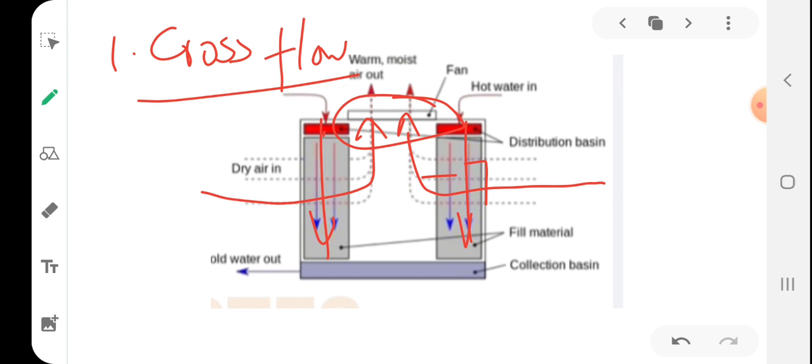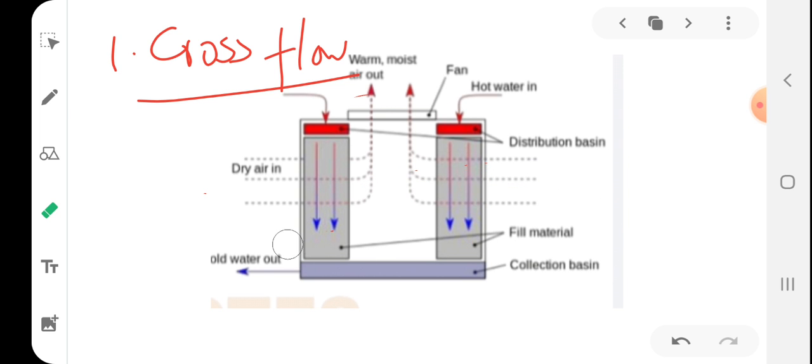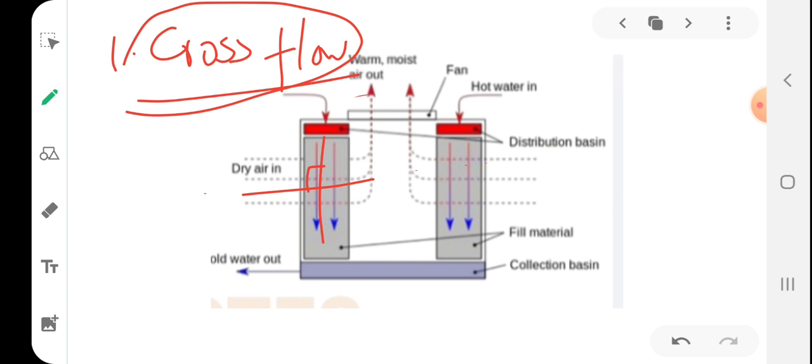Hot water flows via gravity, and distribution basins or any kind of sprays are not present here. No spray mechanism. Water flows based on gravity only, but the direction of water and air is perpendicular. That is why it is named cross flow. This is a cross flow cooling tower.